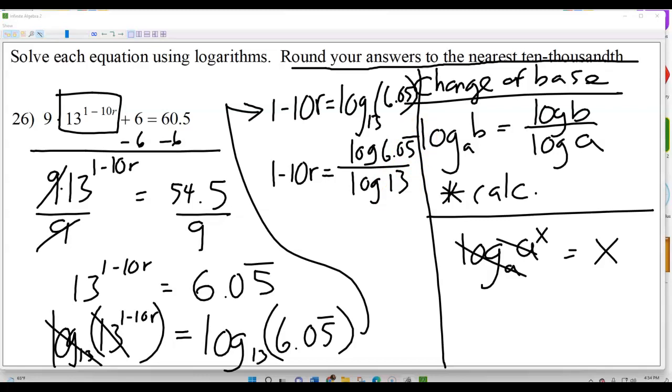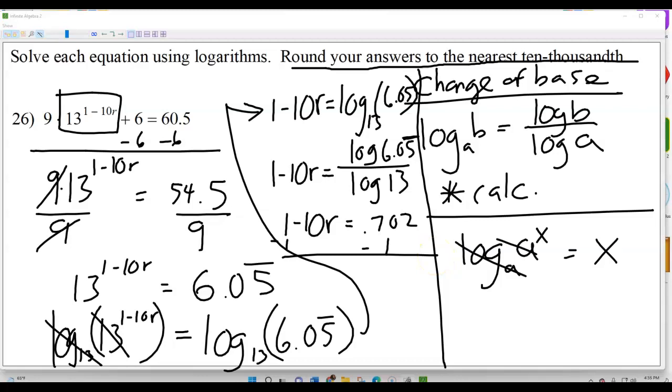And that's a calculator problem, so you have to type that in your calculator. You just push log of 6.0555, I'm going to put 3 of the 5s there because there's a bar over it, 5 just keeps going. Divided by log of 13. And I get as a result 0.702. After that, we minus 1 on both sides.